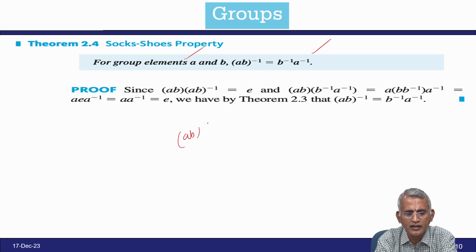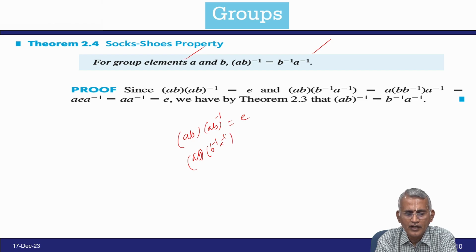AB is one element, so the inverse of AB exists because it belongs to the group. Now by the inverse property it becomes E, and according to the statement AB into this becomes B inverse A inverse.